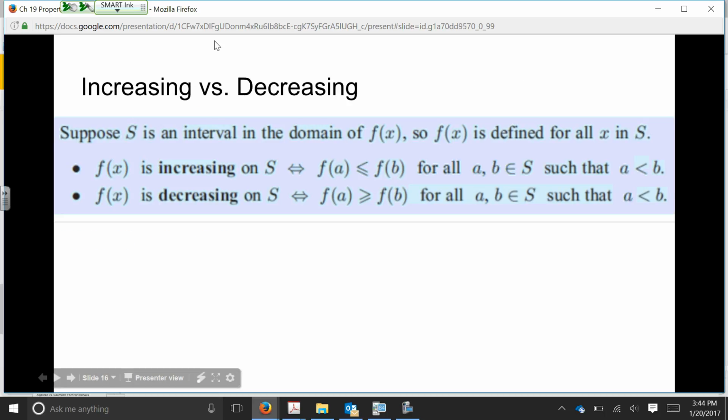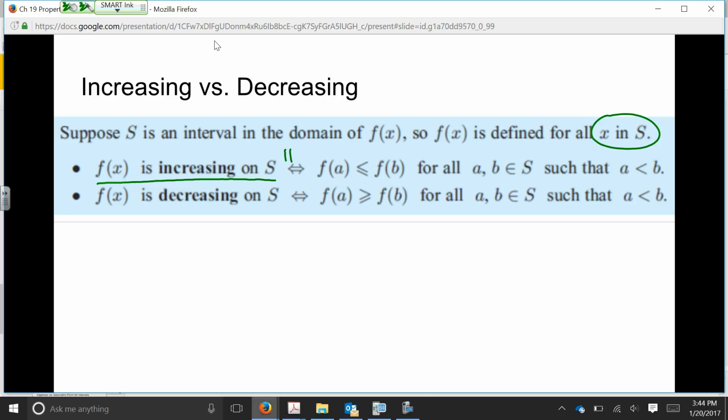Now, a couple of statements here we want to be aware of. It says f of x is increasing on S, where S is just any set of x values here. And these double-sided arrows stand for if and only if. And it reads here, f of a, meaning the y value at a, is less than f of b, the y value at b, for all a, b such that a is less than b.